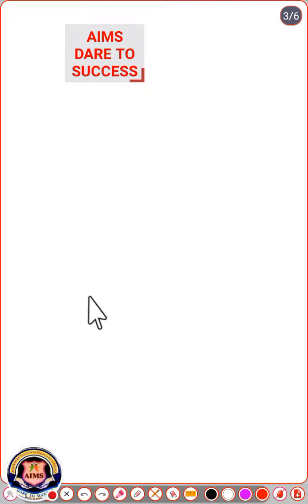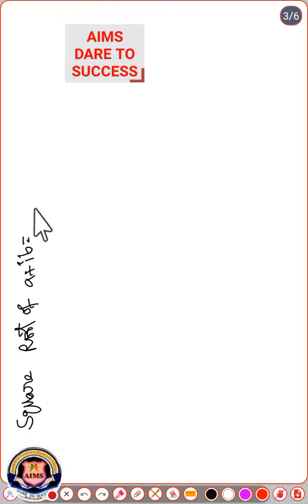Now we are moving to the next concept, that is the square root of A plus iB. It is equal to plus or minus, and take one big root: root of A square plus B square.